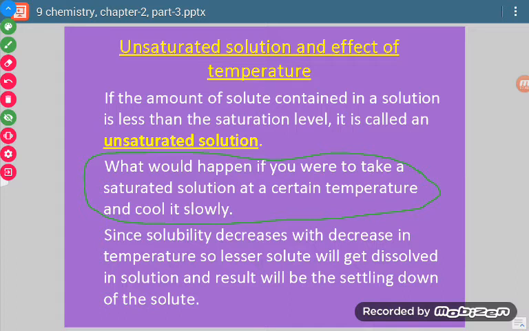Now the temperature has decreased, so the solubility value will be less. It means the extra dissolved amount in this solution will start settling down. So you have to remember that solubility is temperature dependent. If we decrease the temperature, the extra dissolved solute will start settling down, okay.